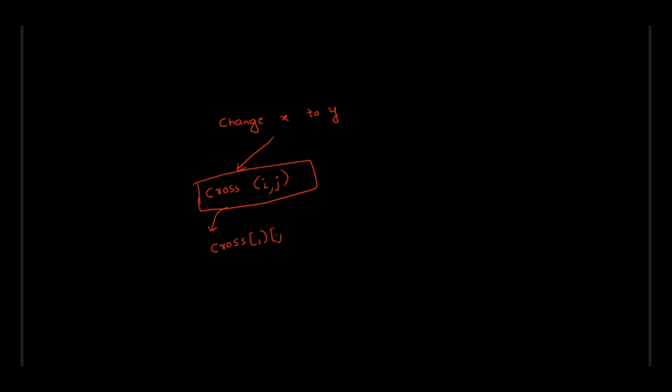So the final answer, when you change x to y, is that you either cross i j or you don't.